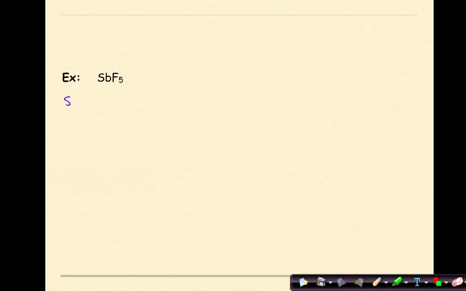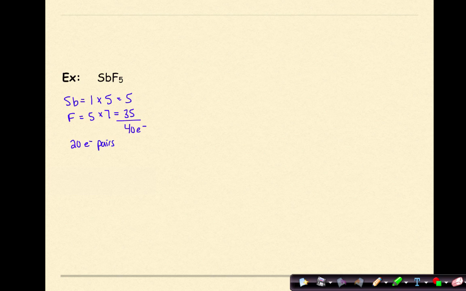So we have Sb, 1 with a total of 5 valence electrons. Fluorine, 5 fluorines times 7 for a total of 35 electrons. And if we add these up, we get 40 electrons total, or 20 electron pairs.